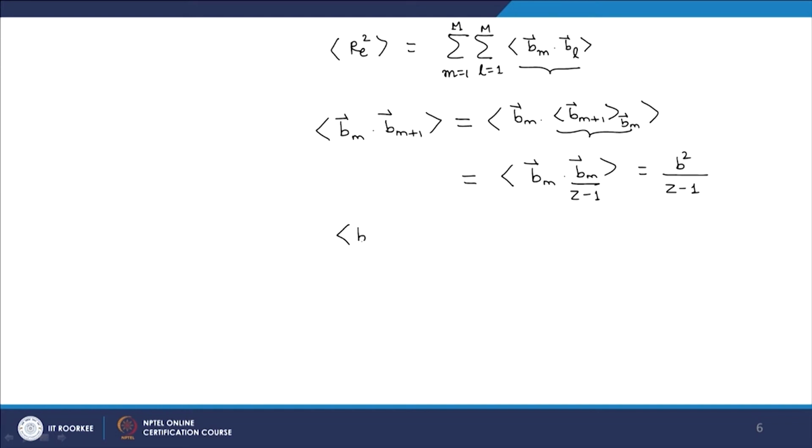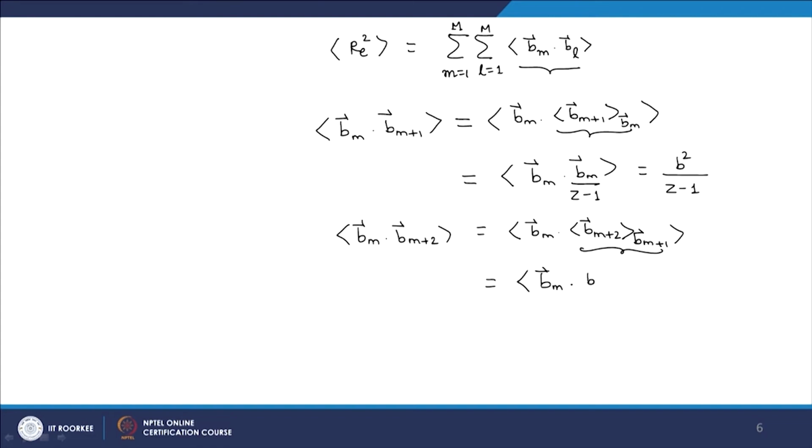Similarly, if I try to find Bm dot Bm plus 2, I will get something like this, where here I am taking the average of Bm plus 2 for given values of Bm plus 1, and I replace this using the formula we have derived.